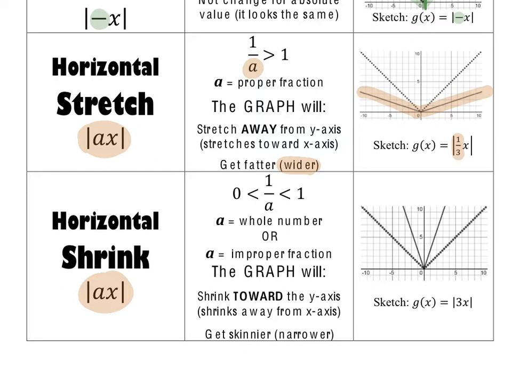So fractions always get wider, and big numbers are always going to get narrower, but their vocabulary switches. This time, if A is a whole number, like 3, it's still going to get narrower, which is what happened with vertical, but now it's called a shrink. So got to pay attention to these vocabulary words right here.